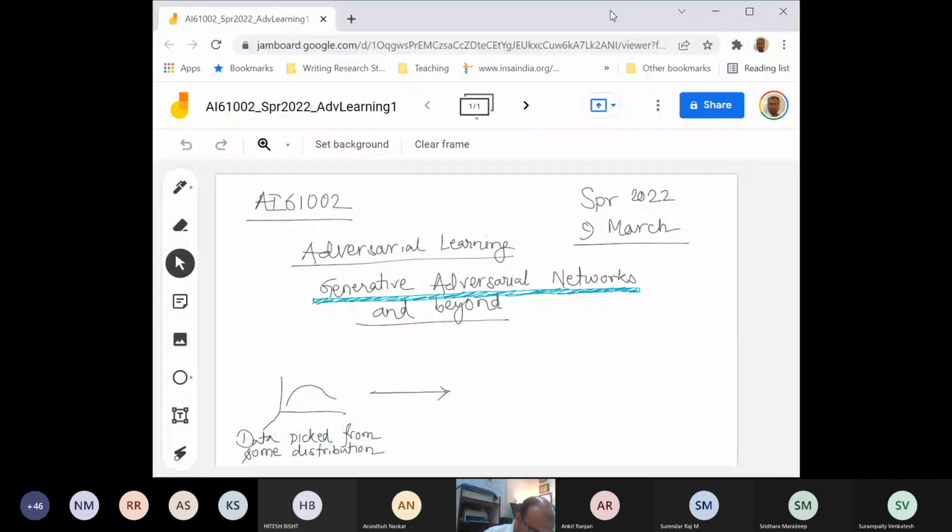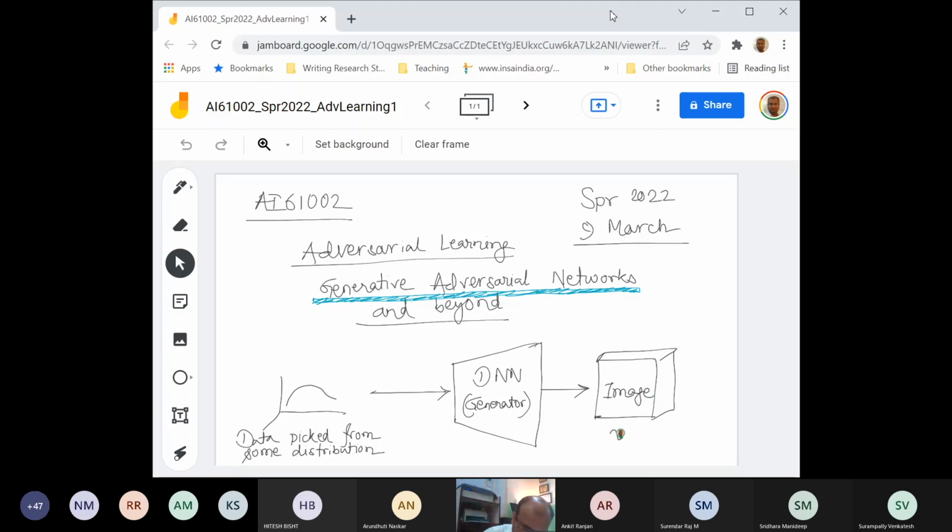This goes into some sort of a model, a DNN, which is known as a generator, and out comes an image. So the image may be called X, and this data which goes in over here may be called Z.